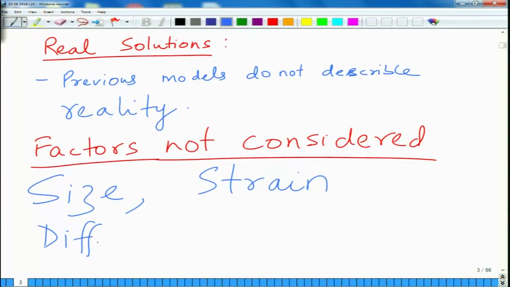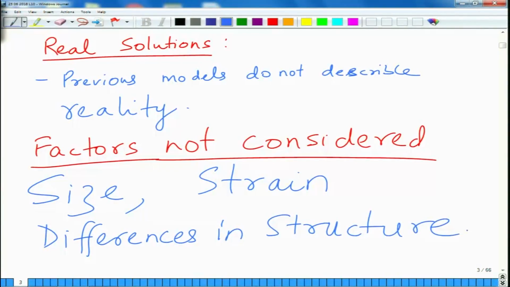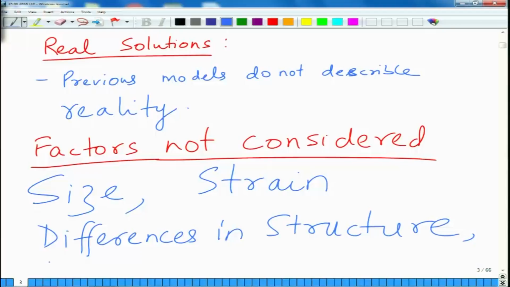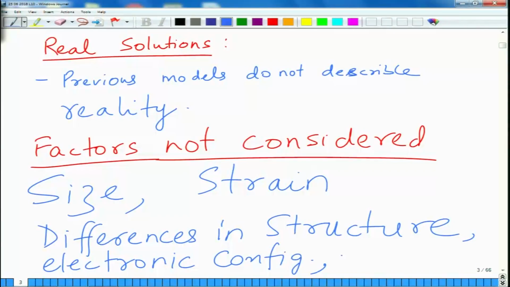We did not consider differences in structures, differences in crystal structure of the elements. We assume that both of them are similar structure, but they may not necessarily be the same. Similarly, you can have differences not only in structure, but also electronic configurations, electronegativity, and so on and so forth.